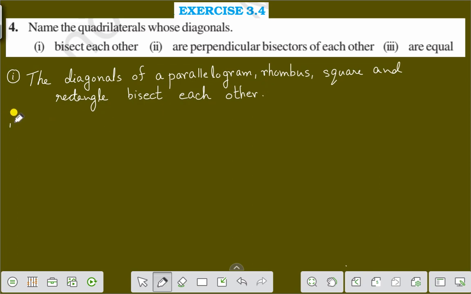Number 2. Which quadrilaterals have diagonals that are perpendicular bisectors of each other?